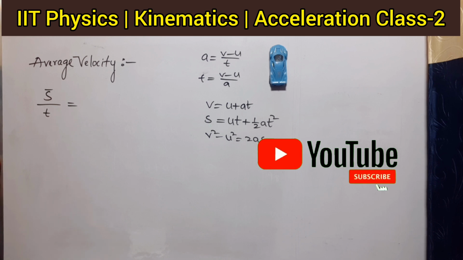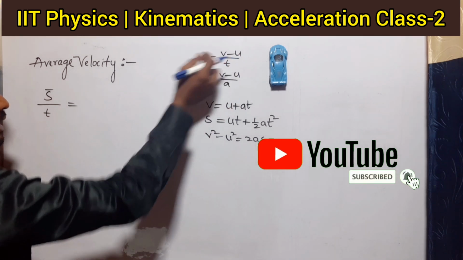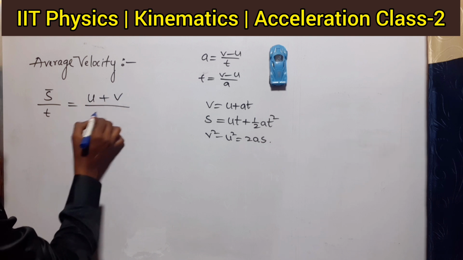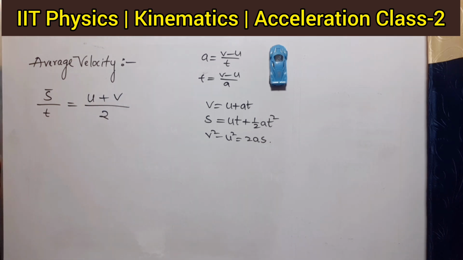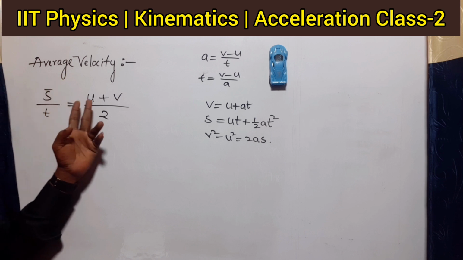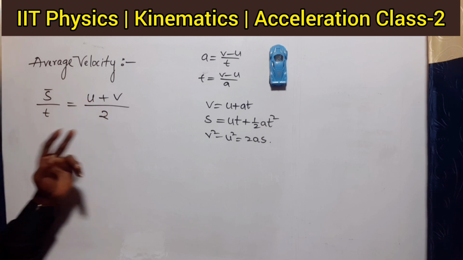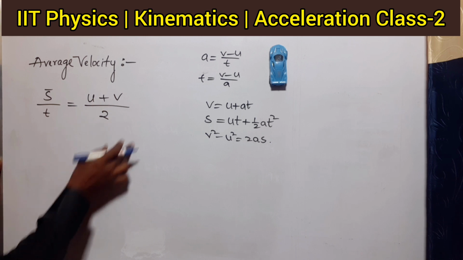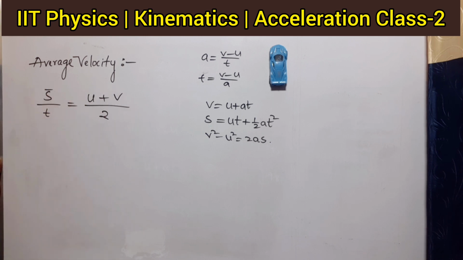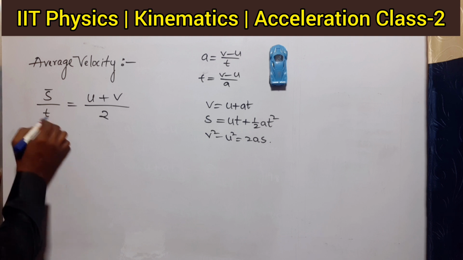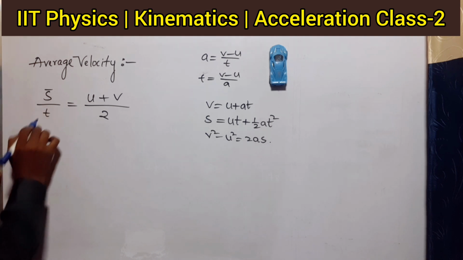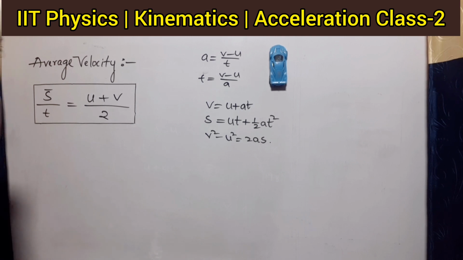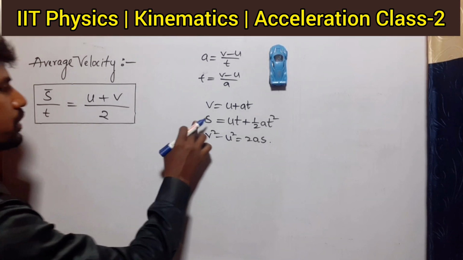Under uniform acceleration, with initial velocity u and final velocity v, average velocity is the average of initial and final velocity. Average means sum of observations by number of observations. Here it is total displacement by total time taken. This is the basic equation to derive these two equations.